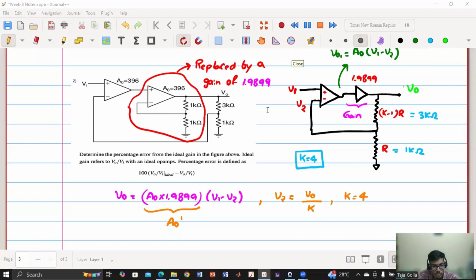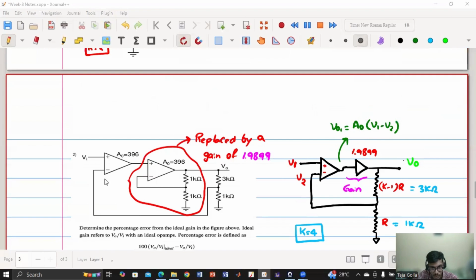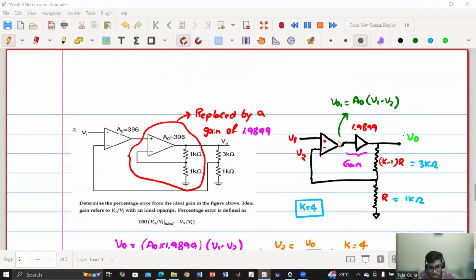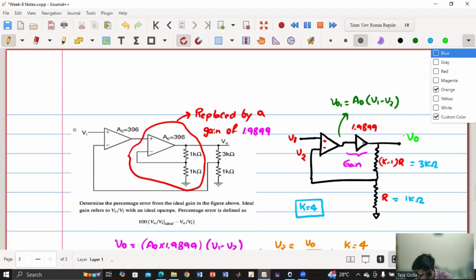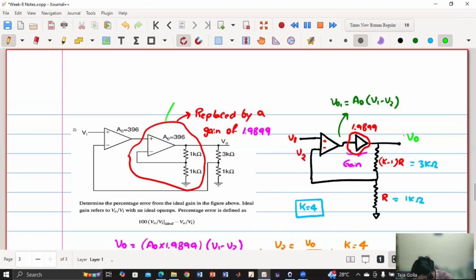Sir, A naught is 1.98. No, no, no. A naught is not 1.98. A naught is this one. The internal circuit I have replaced as 1.9899. So the output of the first op amp is A naught times V1 minus V2. And then there is again this gain. Basically, this gain is nothing but this circuit. This circuit is replaced by this circuit.